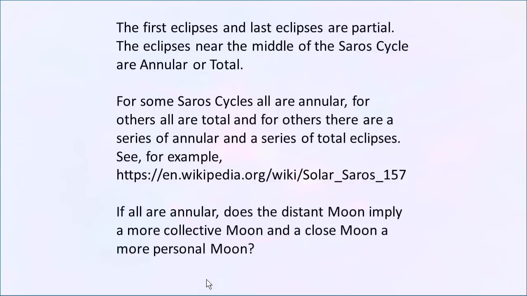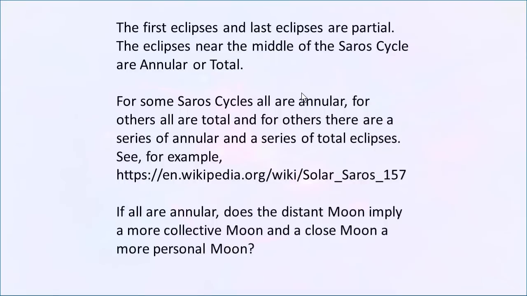The close moon Saros cycles, all of the eclipses will be total. The far away, they're all annular. I was born on a distant Saros cycle, 3 days after a partial eclipse that's part of a distant or annular eclipse series. It's very interesting.